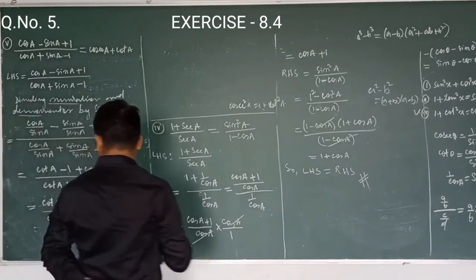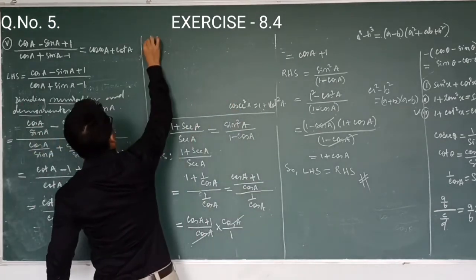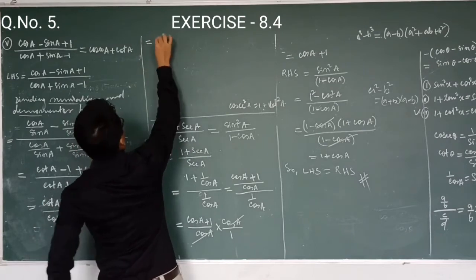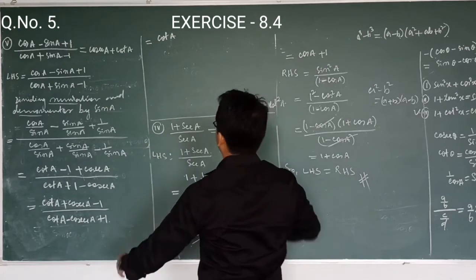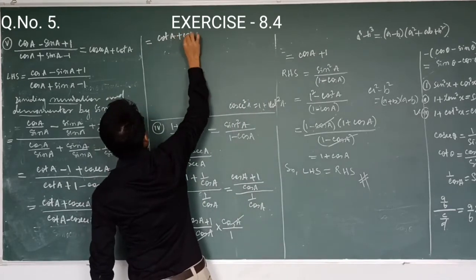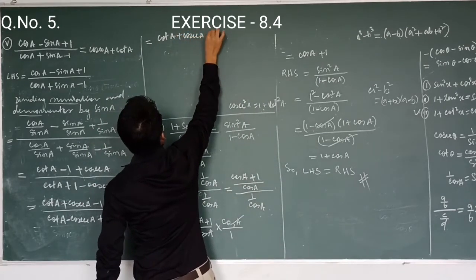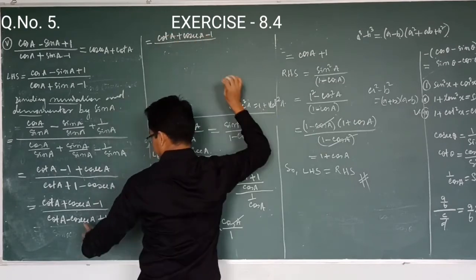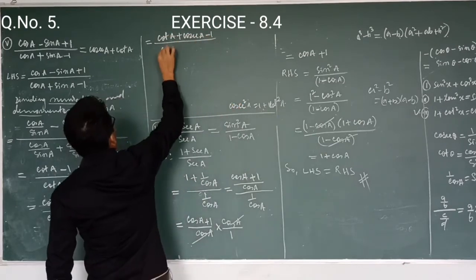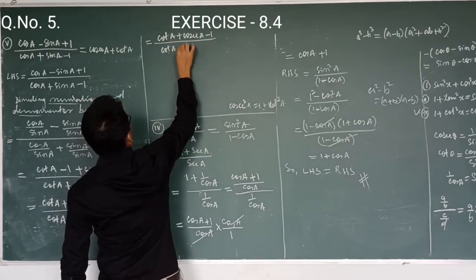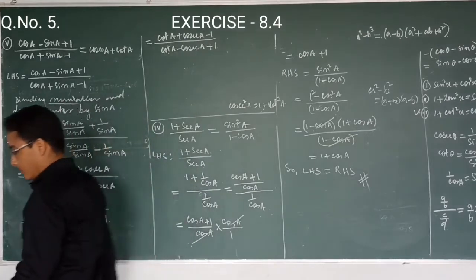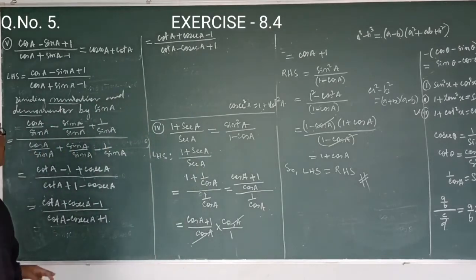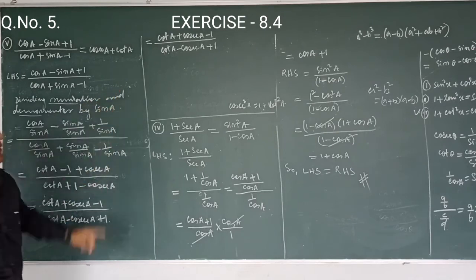Then after that, look here: this is cot A plus cosec A minus 1 divided by cot A minus cosec A plus 1. So you may be thinking we have not changed anything right now. Here I will write the same here. So what can I do?